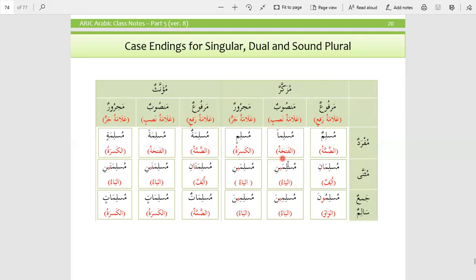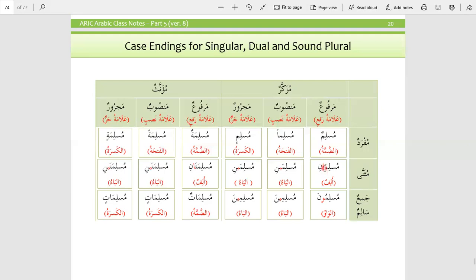Let's look at mutanna. I'm going to go through this row and this row, and so on. Muslimani. This is mutanna. The sign for mutanna is alif. Look at this, Muslimani. This alif that is coming means two Muslim men.